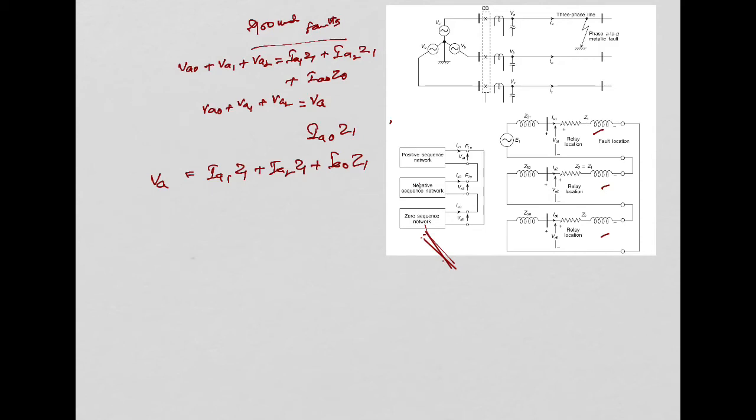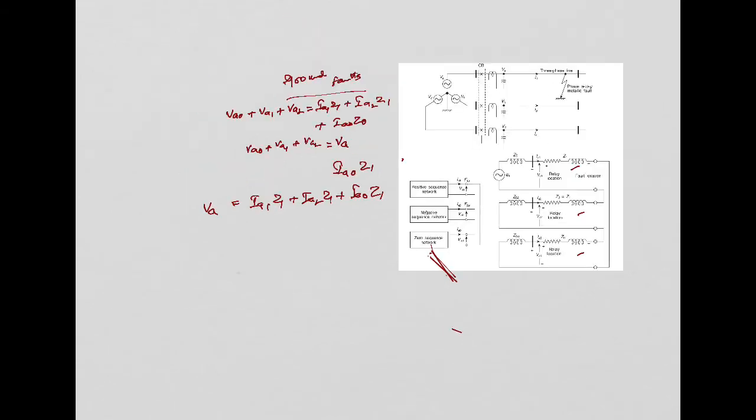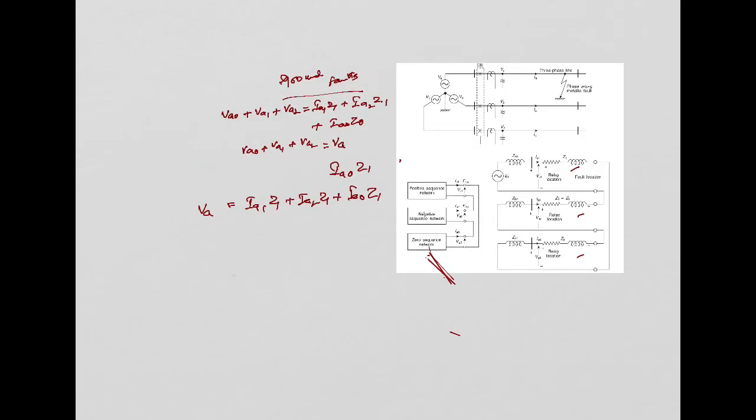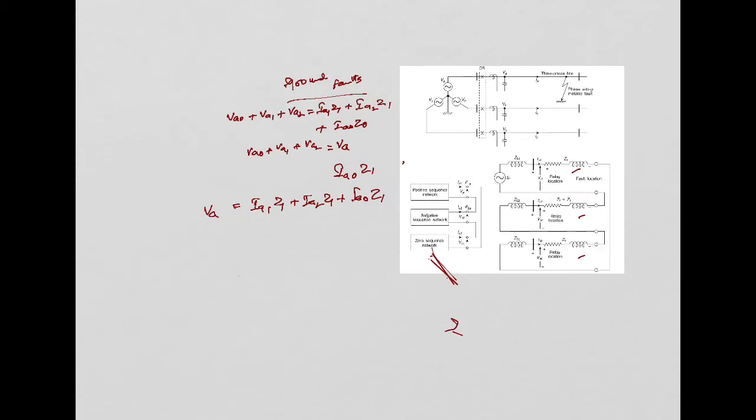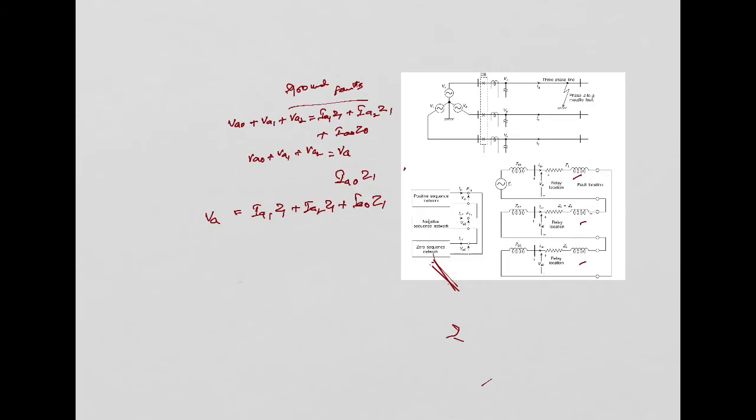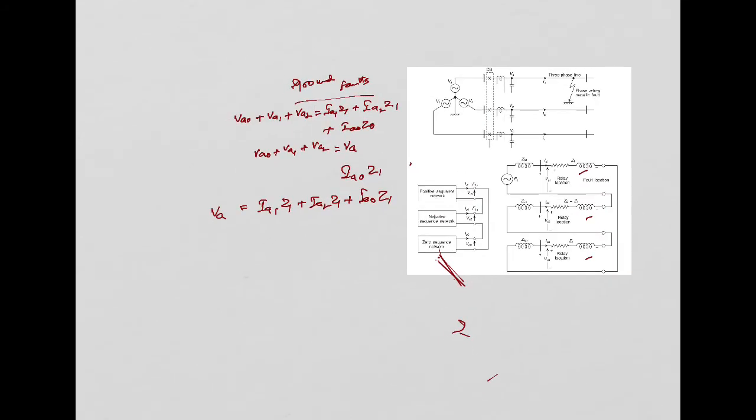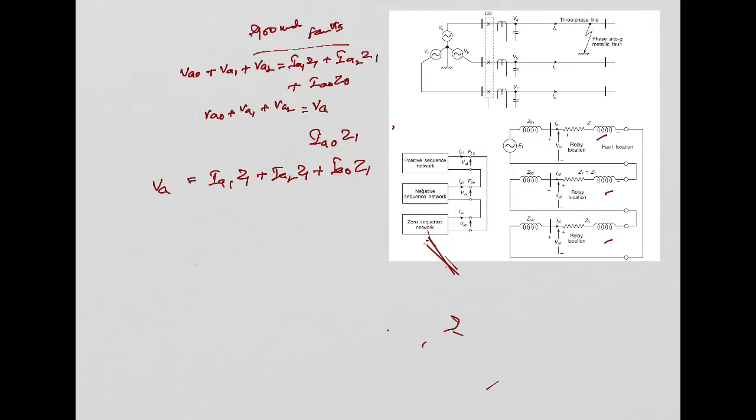Then we will have minus IA naught Z1 plus IA naught Z naught.